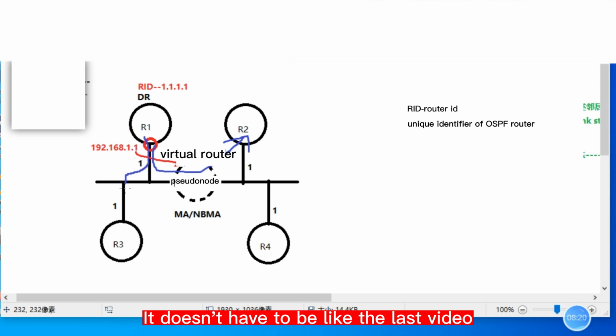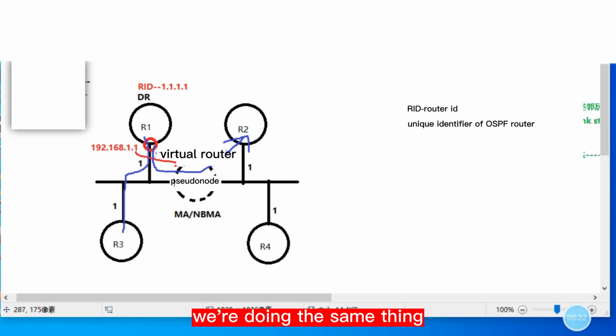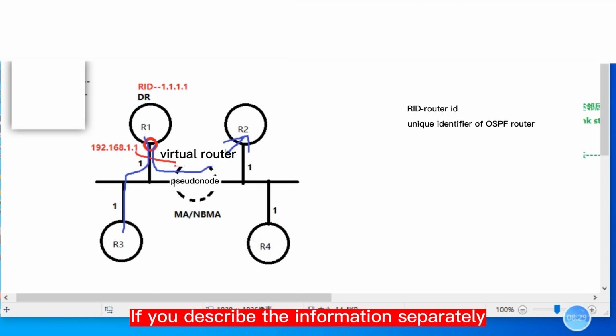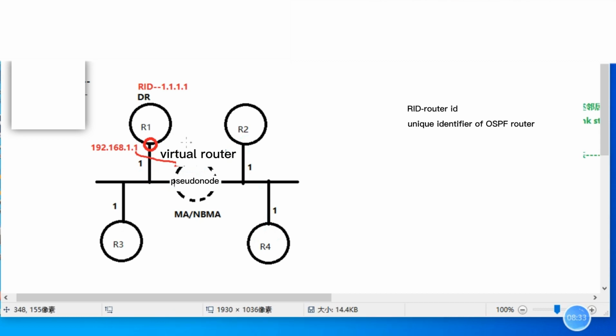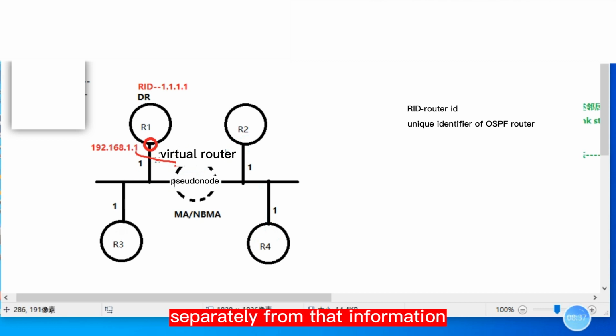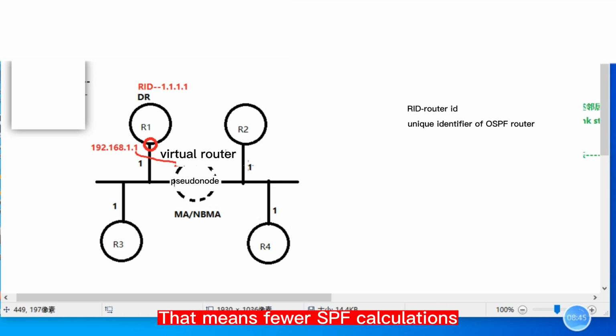It doesn't have to be like in the last video, where we described the information separately. If you describe the information separately, when the other party receives it, you have to calculate it separately from that information, so it becomes repetitive. In this case, there is reduced description of neighbors, which means fewer SPF calculations.